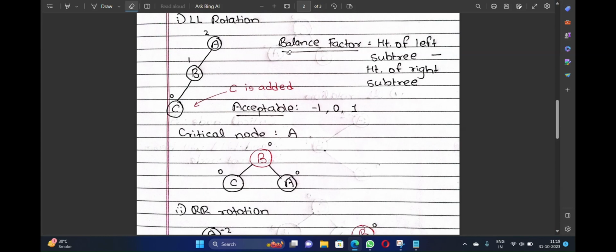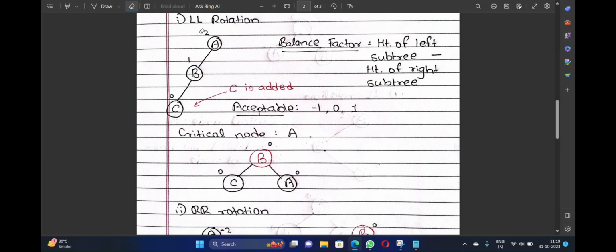When we get this balance factor, we can only have these values: minus 1, 0 and 1. Any value greater or less than this is not acceptable, and we will consider that node as a critical node. We will be calling the node a critical node while looking from the bottom only. So look from the bottom, that is C, B, and A. Here A is the first node getting our balance factor value.